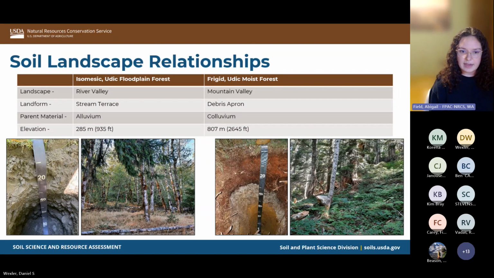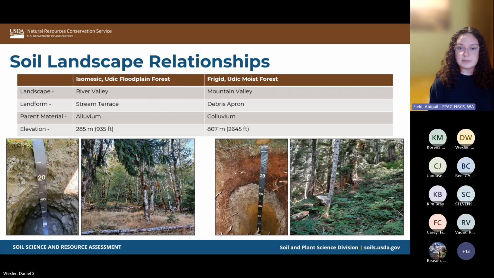And then looking at the vegetation, the red alder is obviously not super well established, and you can tell that it's just very frequently flooded. Comparing that to our frigid udic moist forest on the right, this site is much more stable and has had much more time to develop.